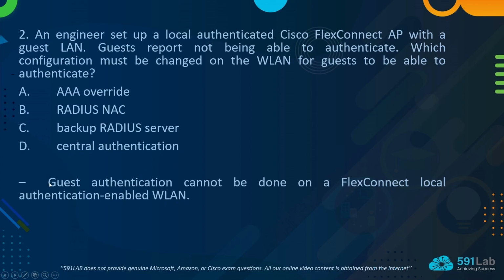This option is not available for guest authentication, yet it can be used in a .1x SSID or simply a WPA SSID, but not guest authentication, because guest authentication needs a lot of computing, a lot of authentication to do. So this can be done with a RADIUS server.